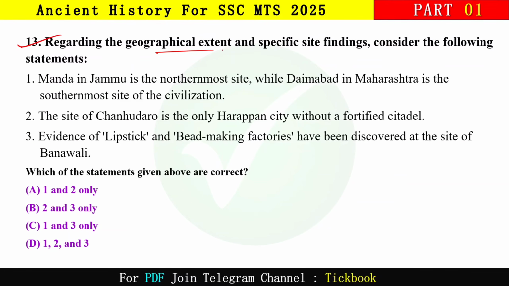Question 13, regarding the geographical extents and specific site findings, consider the following statements. Option number A, 1 and 2 only. Number 1, Manda in Jammu is the northernmost site, while Daimabad in Maharashtra is the southernmost site of the civilization. Number 2, the site of Chanhudaro is the only Harappan site without a fortified citadel.